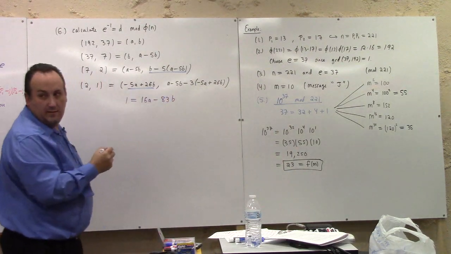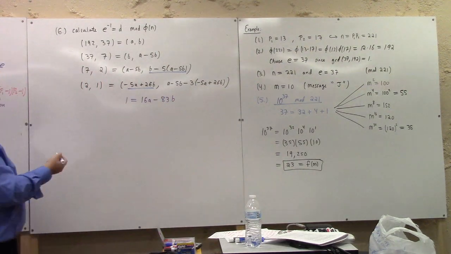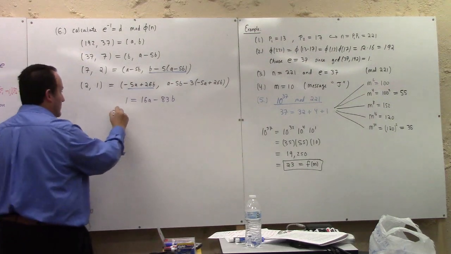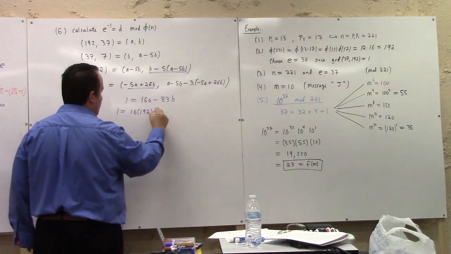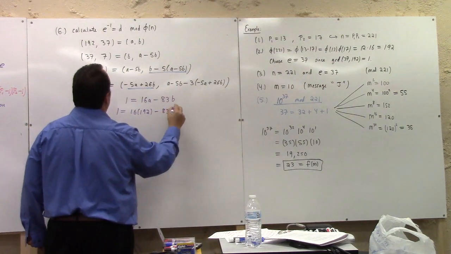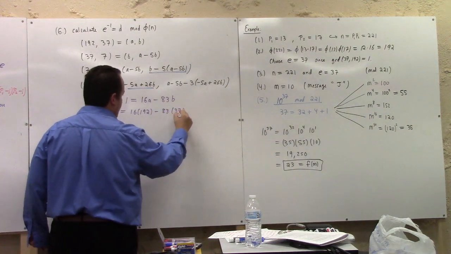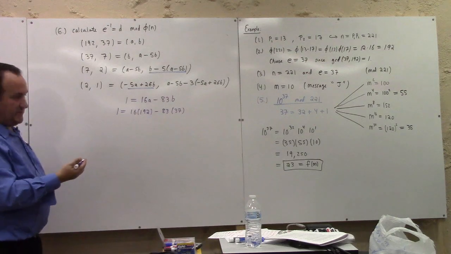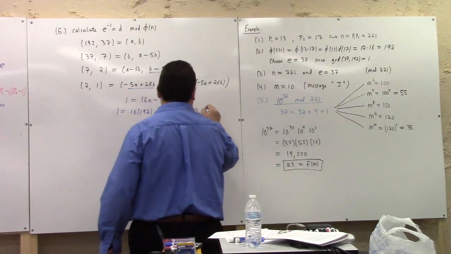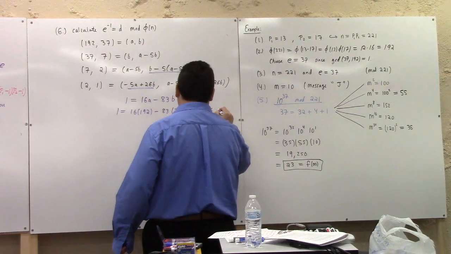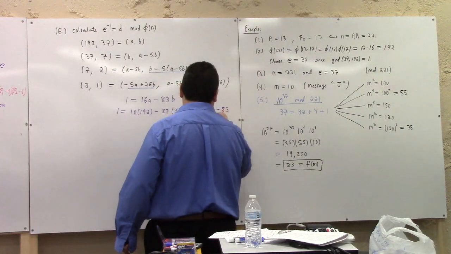All right, let's demystify it. Remember, A is 192, and B is 37. So this shows me that my decryption exponent is minus 83.